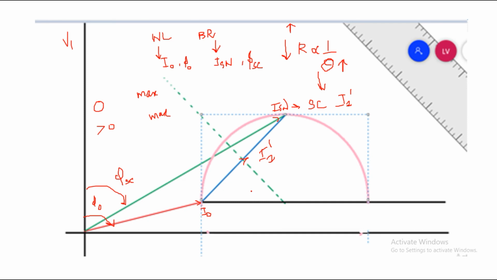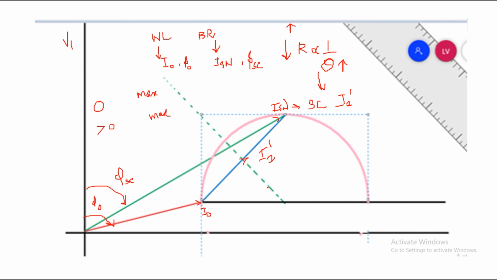And after taking the resultant as I2 dash, we know in the circle diagram we have to include the locus diagram of the rotor current. So now this resultant is going to be the actual rotor current that we have seen in the approximate equivalent circuit. So for this I2 dash we are going to draw the locus diagram, that is a circle. Okay, and for drawing the circle we have to take a perpendicular bisector, and we will take that perpendicular bisector by using a compass.